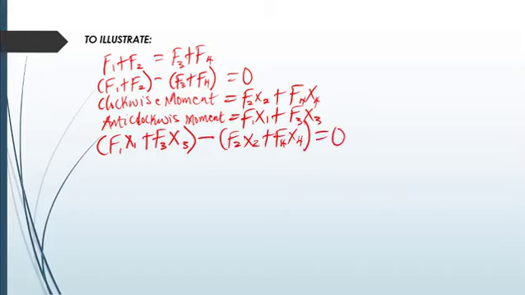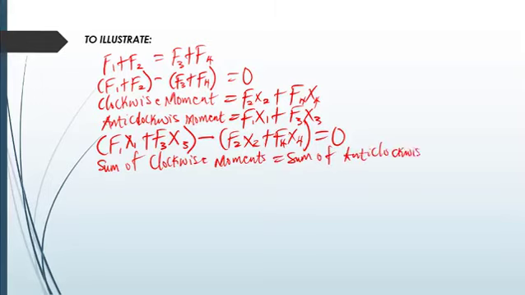This is exactly how to take moments, clockwise moments and anti-clockwise moments, and algebraically when you put them all together, it gives you 0, to show you that the sum of clockwise moments is equal to the sum of anti-clockwise moments. This is exactly what it looks like, to show us that at equilibrium the force is balanced.